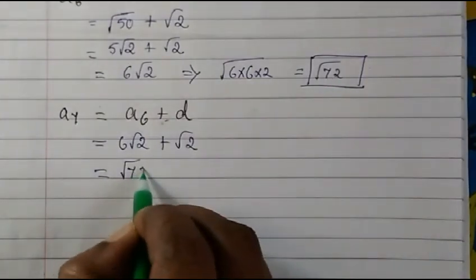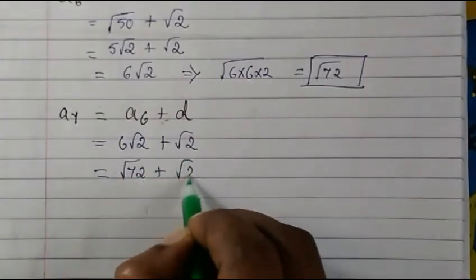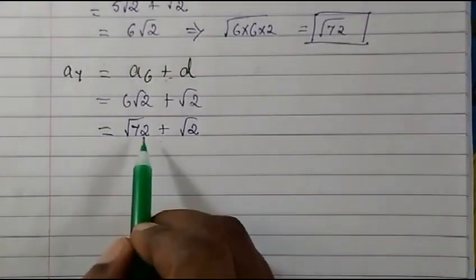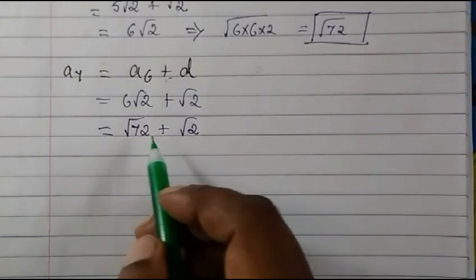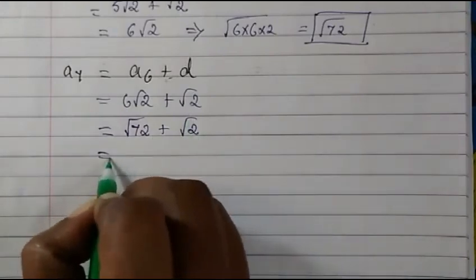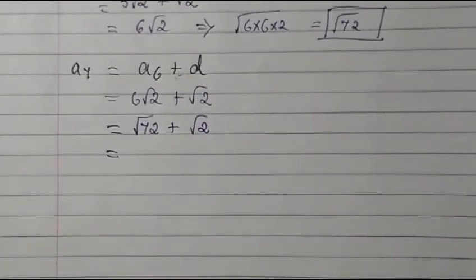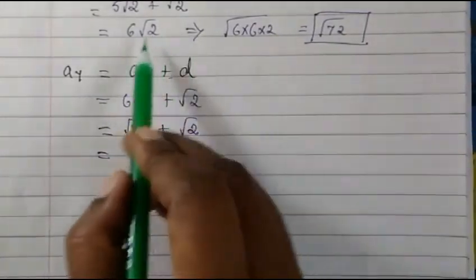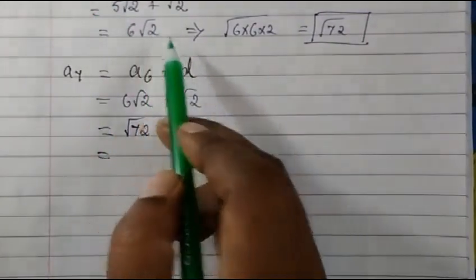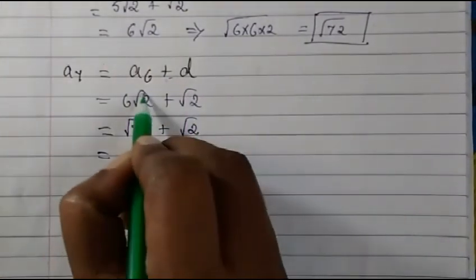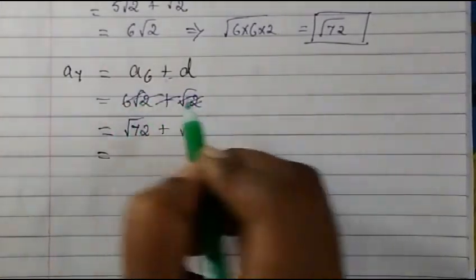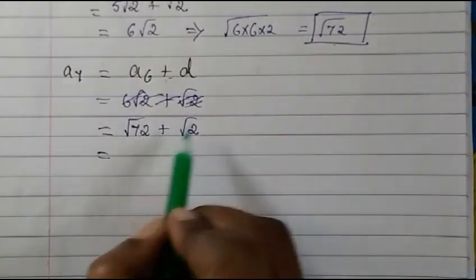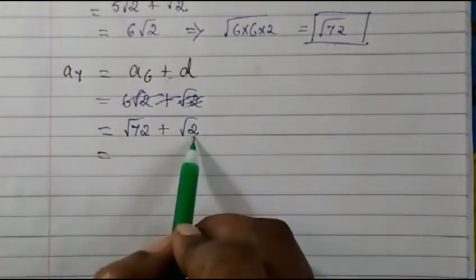So root 72 plus root 2. Already I have written here A6 directly, but actually we can write this step first, okay? Anyway, no problem. So A6 is root 72, plus D which is root 2.